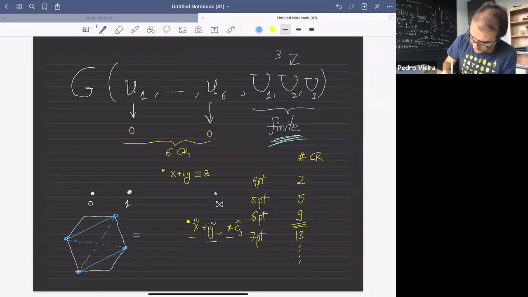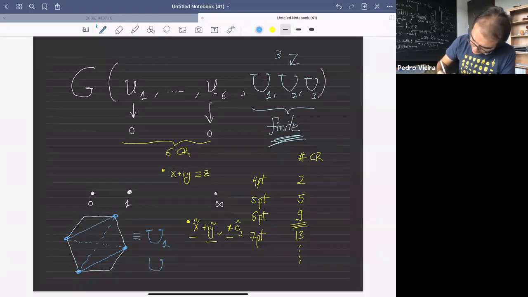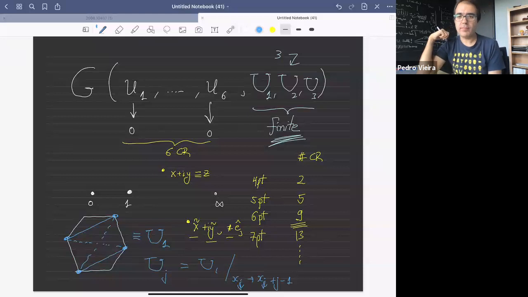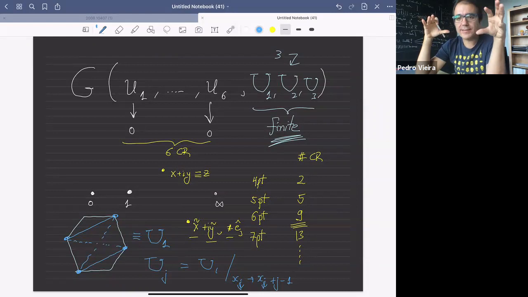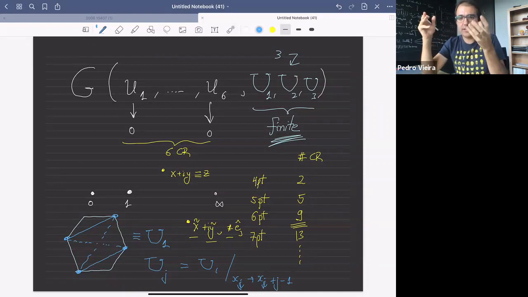And this picture would be the definition of the cross ratio capital U1. Okay, and then capital U2, Uj, as before, is just a rotation of this picture. Okay, so this is the statement that null polygons, null hexagons have 3 cross ratios. So when you tell me I have a null hexagon, it has 3 parameters that parameterize the null hexagon.